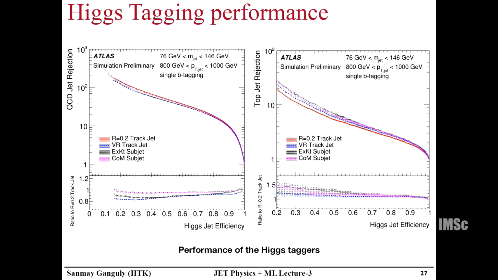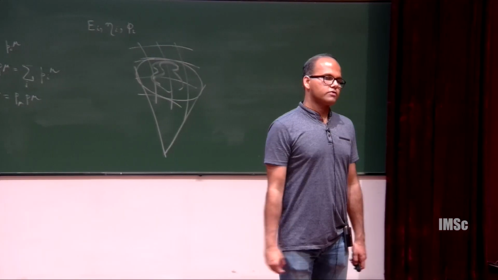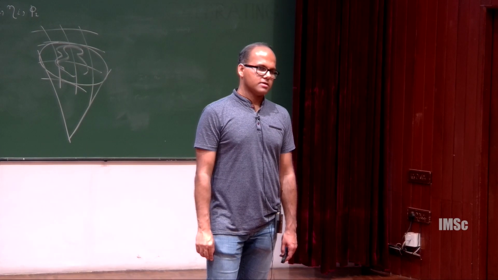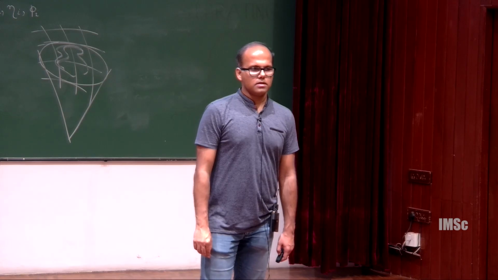But suppose there is a boosted Z which can also go to b b-bar. Does this algorithm fare well in determining whether it's a Z or a Higgs? No, that will pick up the Z as well, but then you have to combine with mass and other taggers, because the mass window will also cover the Z mass, right?